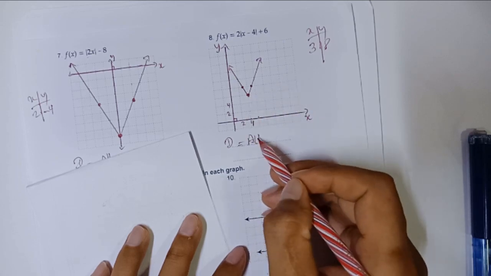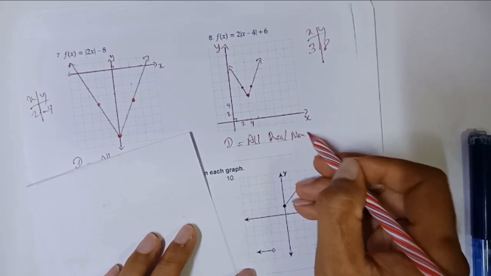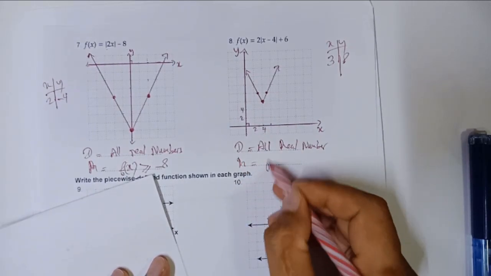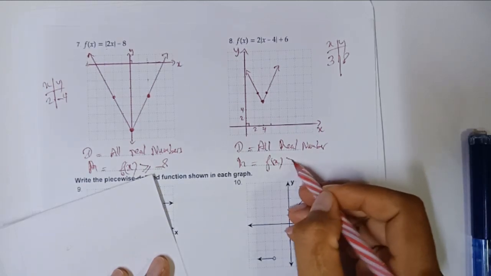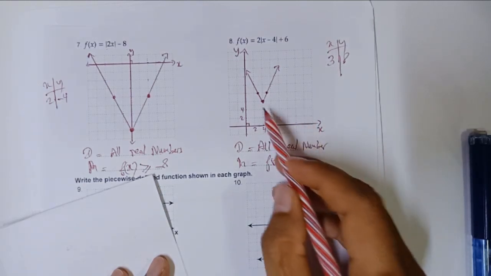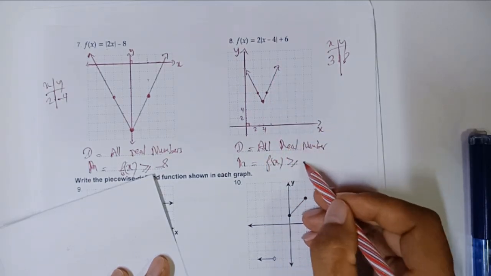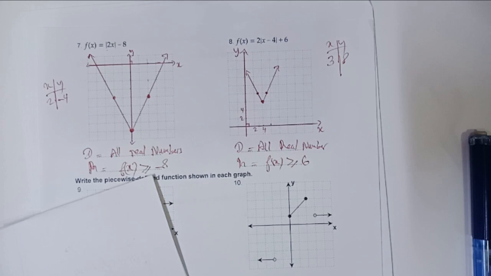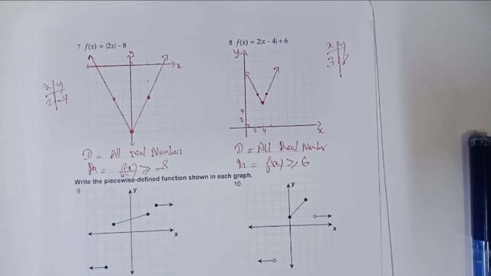This is all real numbers for domain. But for the range, f of x is greater than or equal to, starting from 6 up, so greater than or equal to 6 for this particular number. Alright, so that is the end of our graphing.